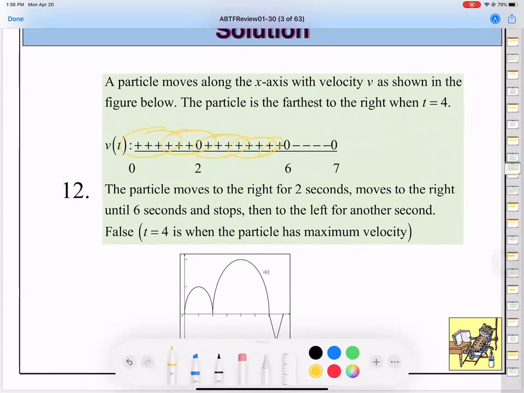At the points of 2 and 6, the velocity was 0. That means you stop moving, like you stopped your car. And then after 6, I decided to hit reverse and started backing up, so I started moving left.